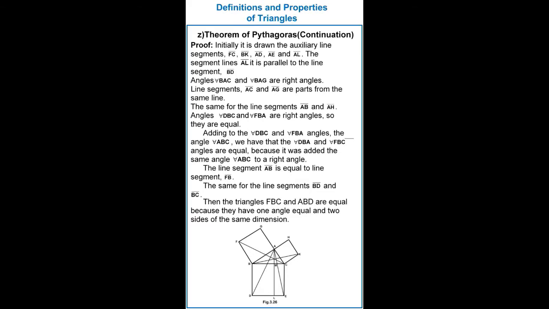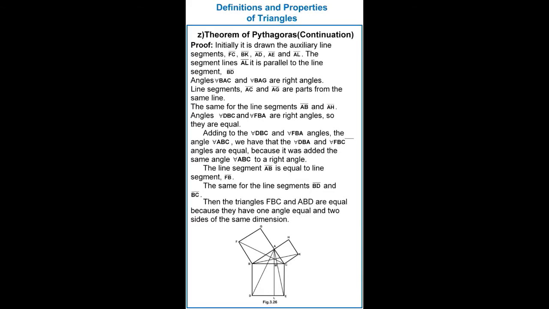In this slide begins the proof of the theorem of Pythagoras. Initially, auxiliary straight lines FC, BK, AD, AE, and AL are drawn, with the straight line segment AL being parallel to the straight line segment BD.